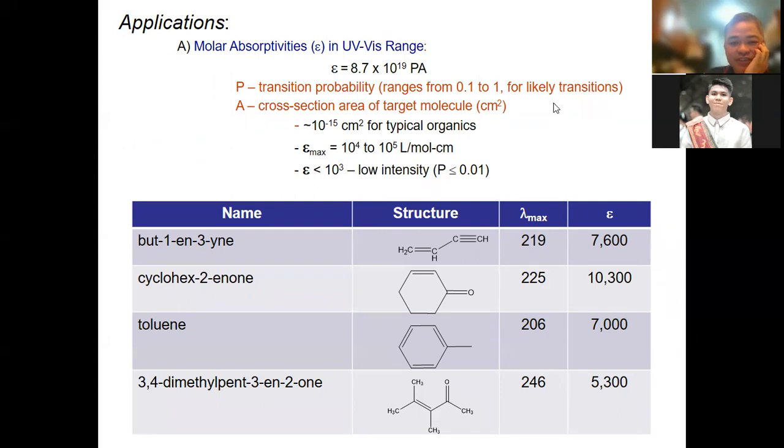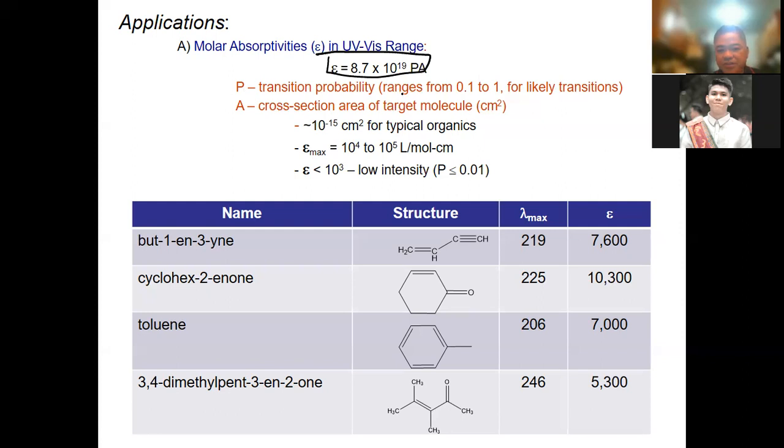So for instance, you can have a molar absorptivity of 8.7 times 10 to the 19 times the probability times the cross-section target area. This is not the power, it's the transition probability times the cross-section target area of the target molecule. So that's the formula that you get for the molar absorptivity.